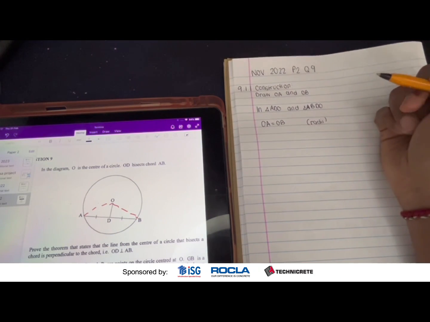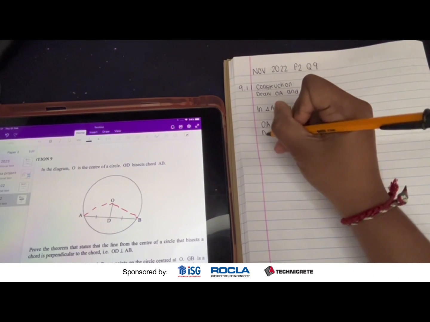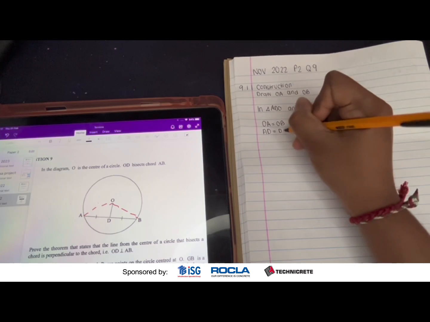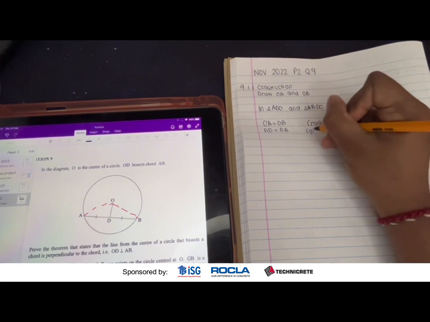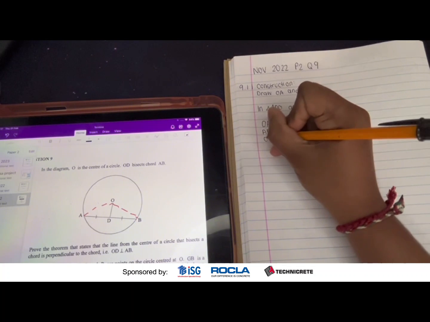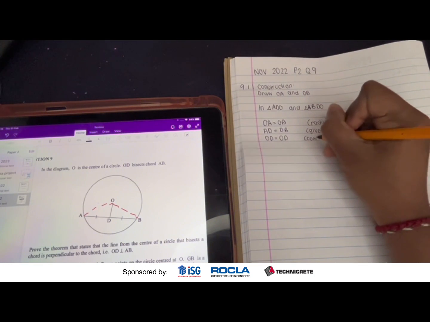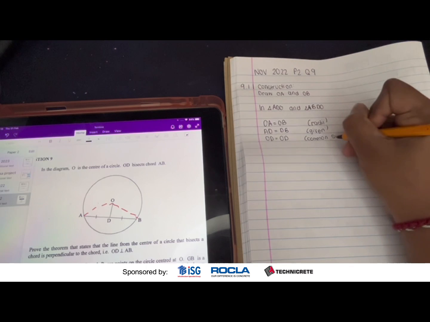The next thing that we can do is say that AD is equal to DB, given. That was given to us. And the last thing that we can do is OD, because OD is common within both of the triangles. And that is a common side.